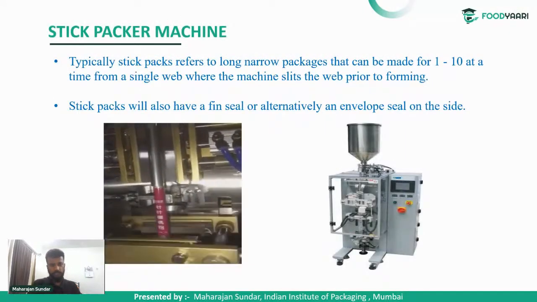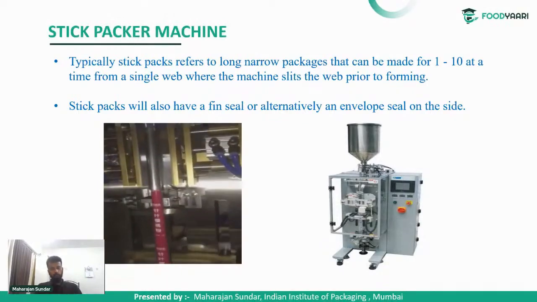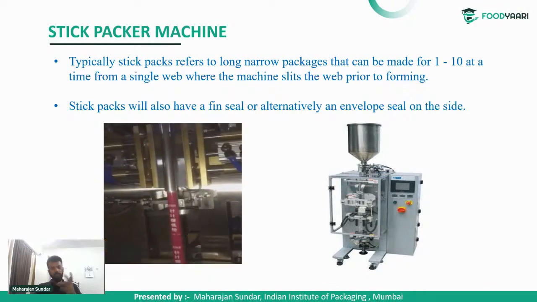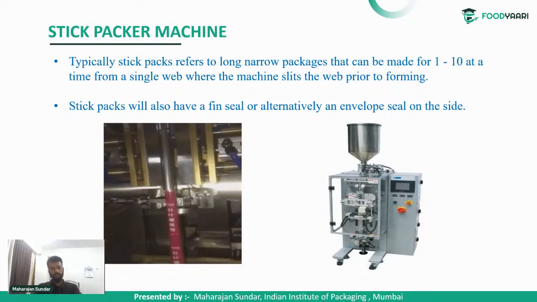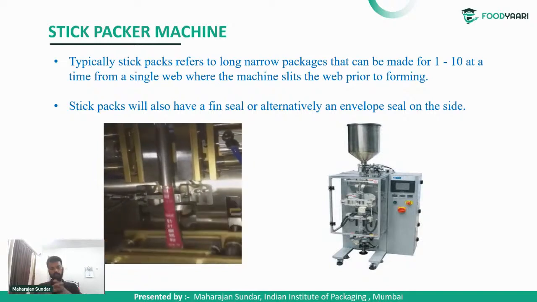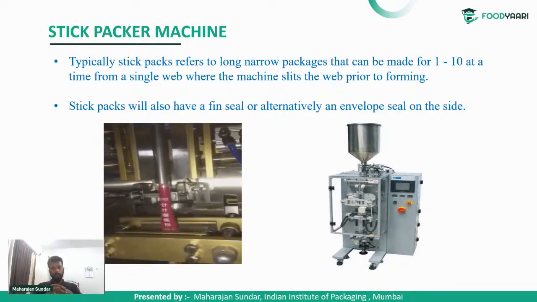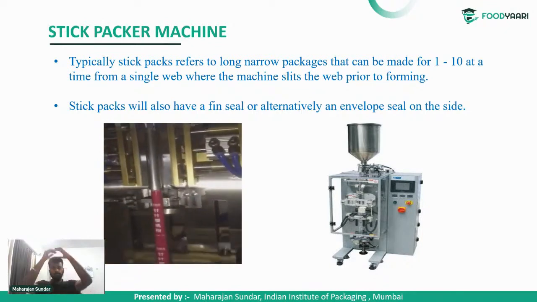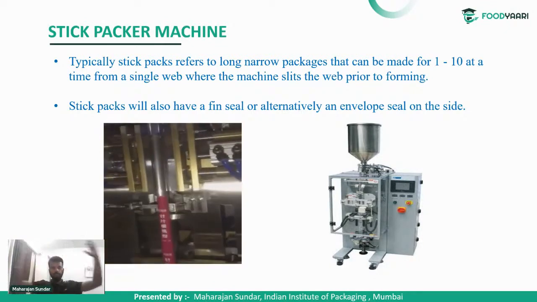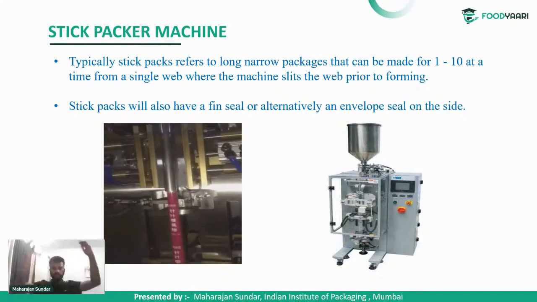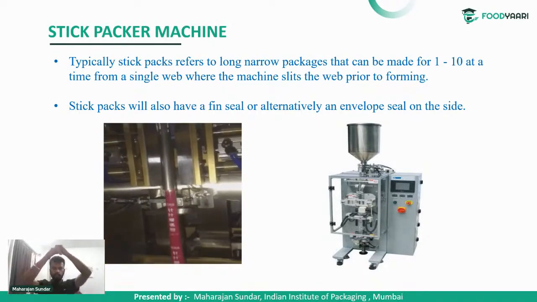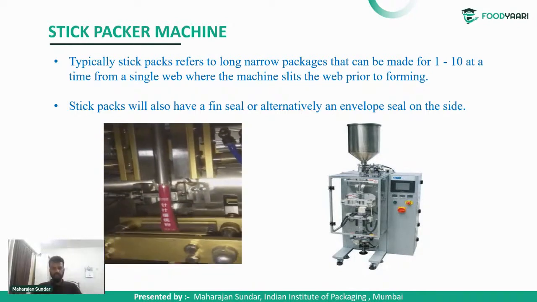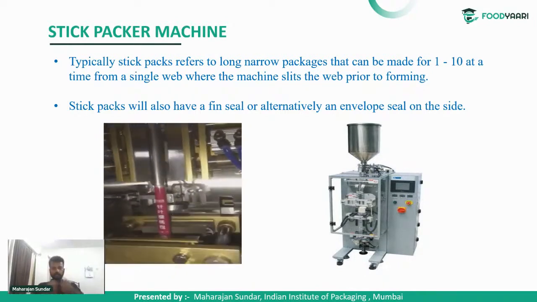Stick packaging machines. Sorry for the poor quality of the video. This is typically used for packing ice cream sticks, for example a kulfi. Firstly, from the upper part, the packaging material will be unwound, and it will be conveyed to the bottom. While coming down, the fin seal is made first.